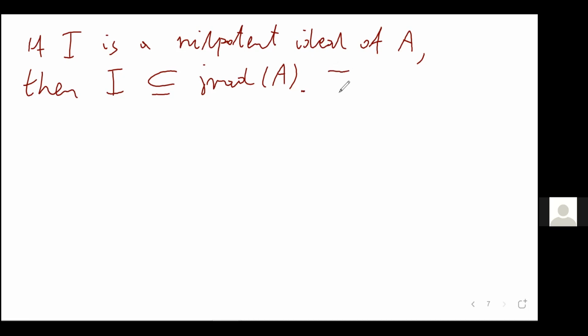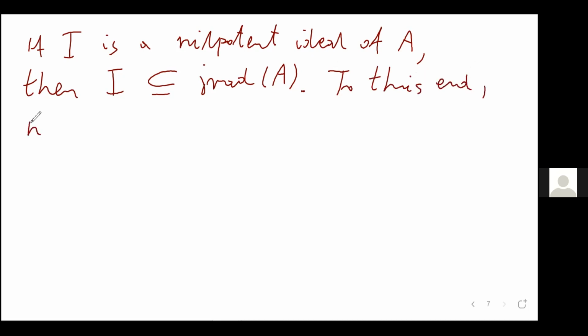So to see this, note that if I have that I to the power n plus 1 is equal to 0, remember that's just the definition of being nilpotent. There exists a natural number n such that I to the power n plus 1 is equal to 0.